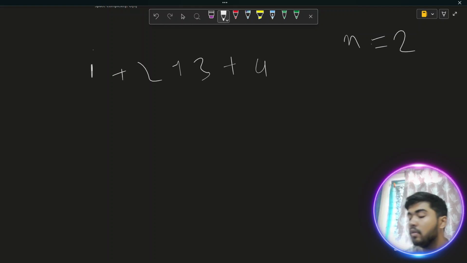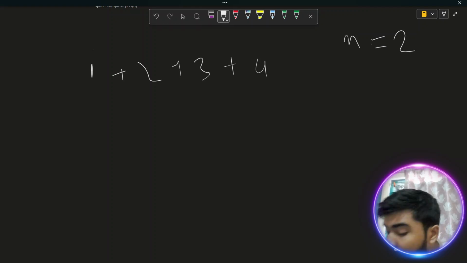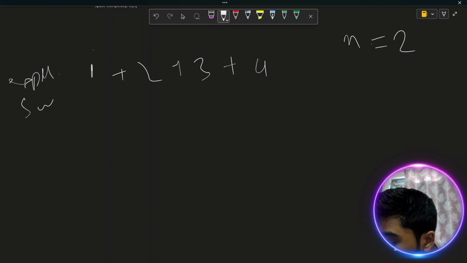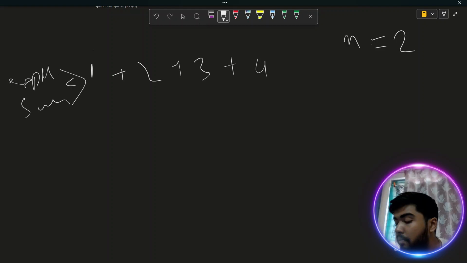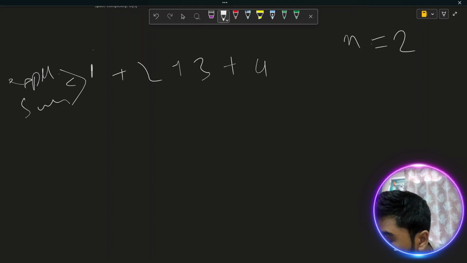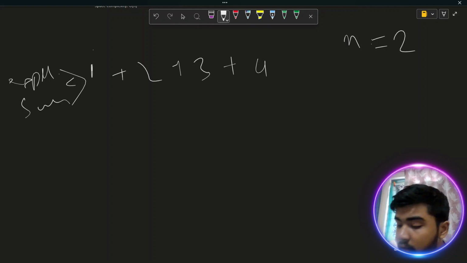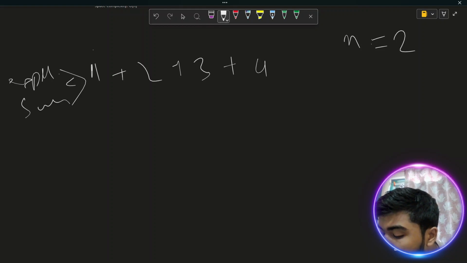For n equals 2, the actual expected sum should be 1 plus 2 plus 3 plus 4. But due to the distortions, as per the question, we got a different sum. So let's consider s is the correct sum, and due to the distortions we got s dash.